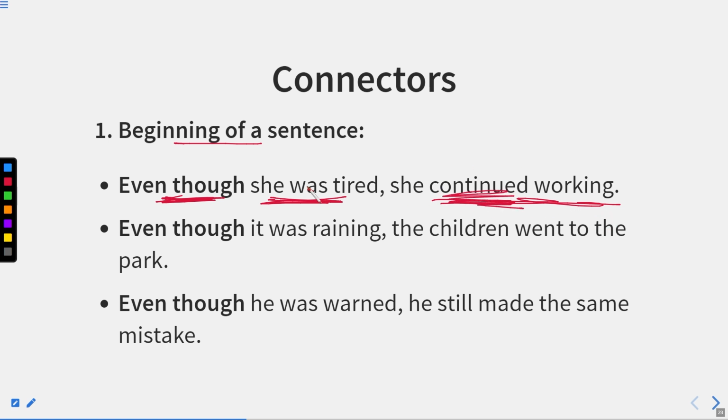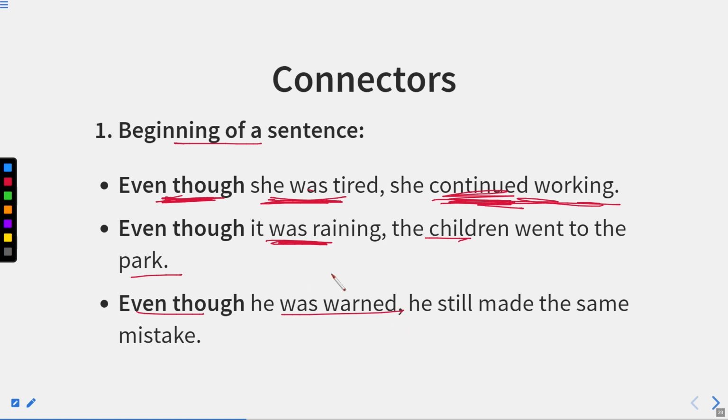She continued working even though she was tired. It means she wanted to do some work. The work was really urgent, it really needed to be done, so she continued working. Even though it was raining, the children went to the park. Even though it was raining, obviously in rain no one will prefer to go out, but still the children went to the park. So they enjoyed going to the park.